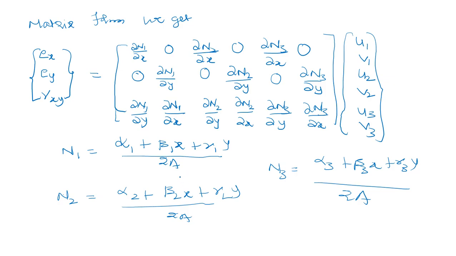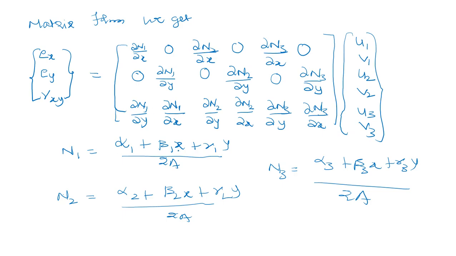From these N1, N2, N3, we can take derivatives with respect to x and y directions. What do we get for dou N1 by dou x? As in the previous slide, the constant term is no need to bother about, and y is not related to x.